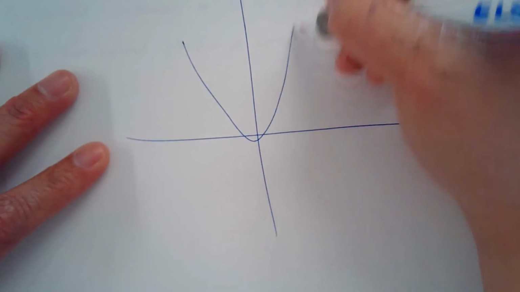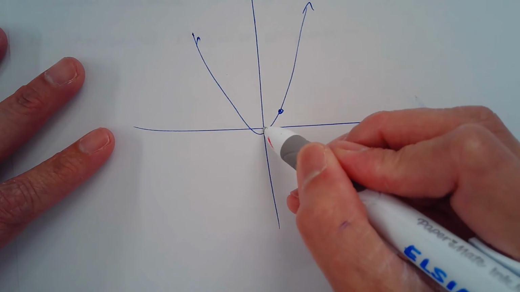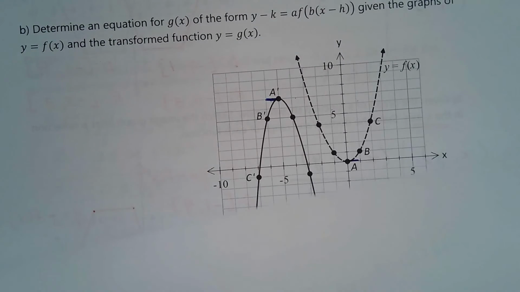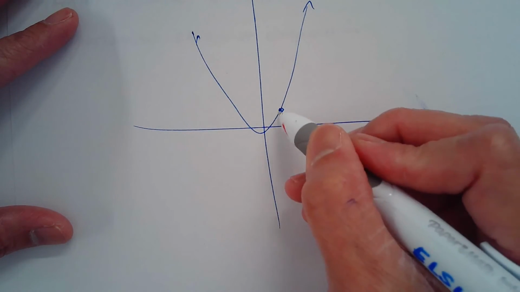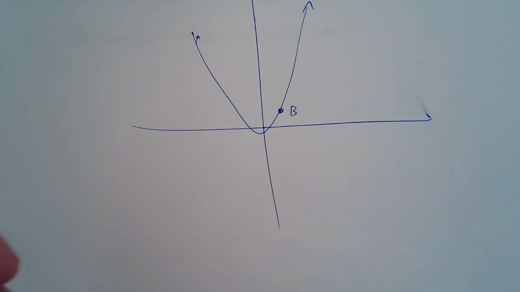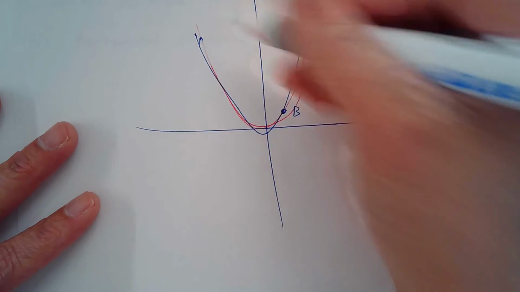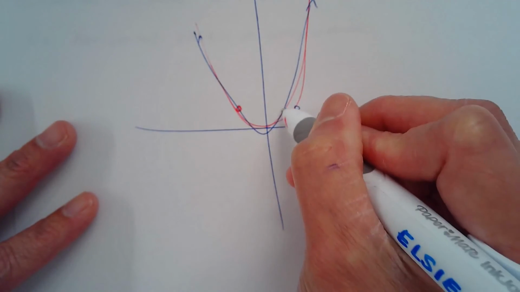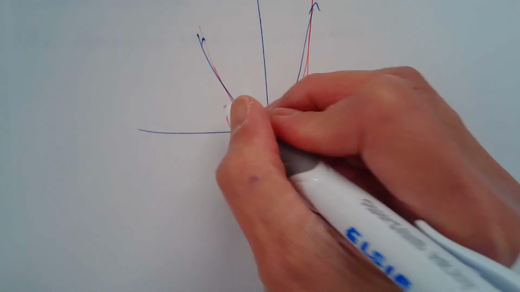If we go this way, B is over here, and if we reflected horizontally, so this is the B, it will now be in the same place but on the opposite side, the B prime.